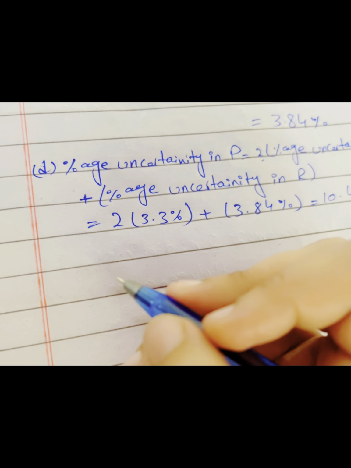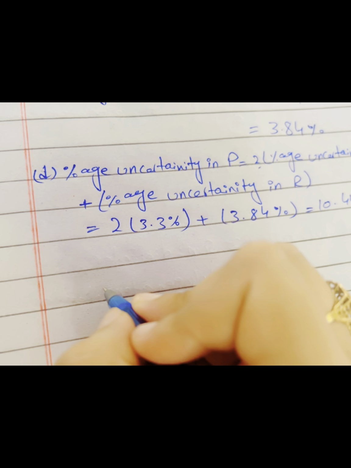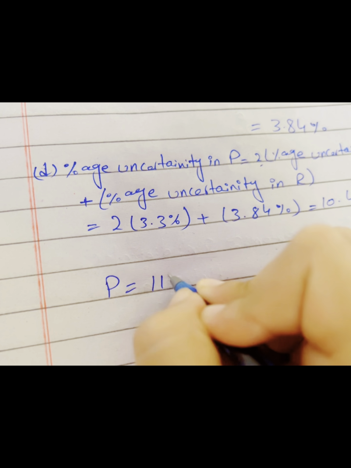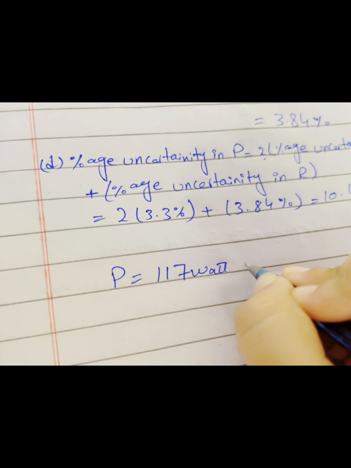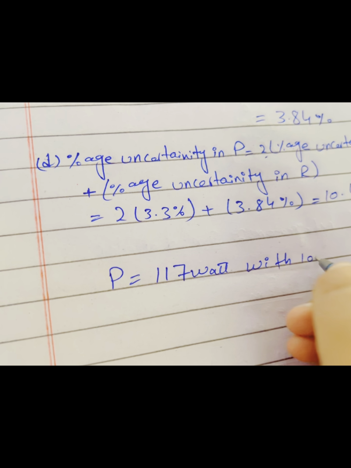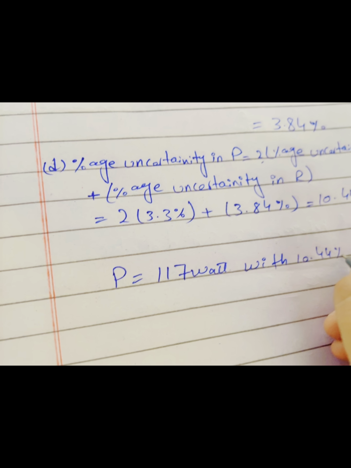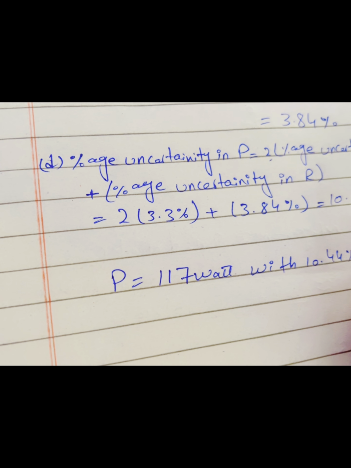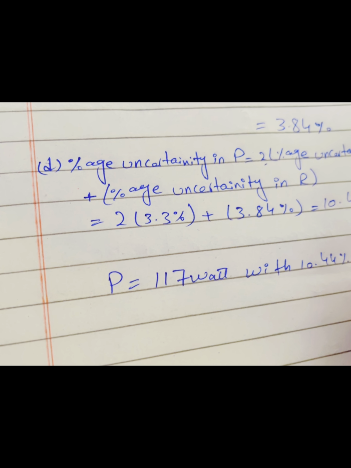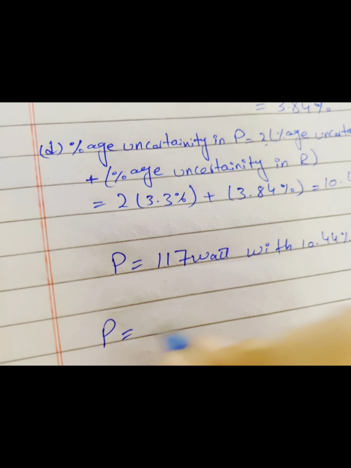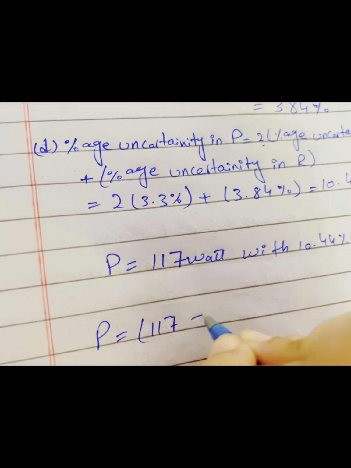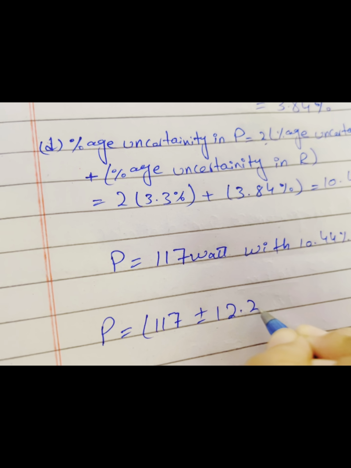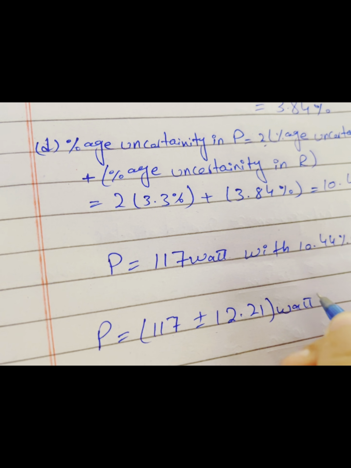We can also convert this answer into fractional form, 117 watt with 10.44% uncertainty. And for a decimal answer, we can break this percentage and it would become 117 plus minus 12.21 watt. So this is numerical number 8.